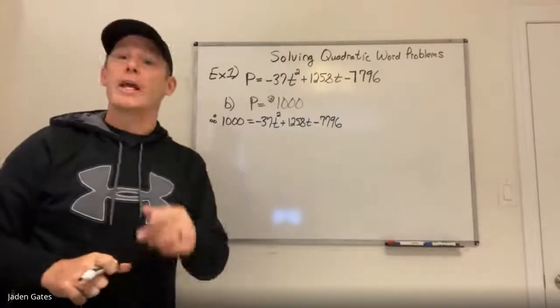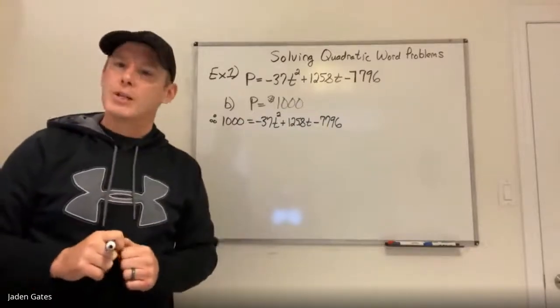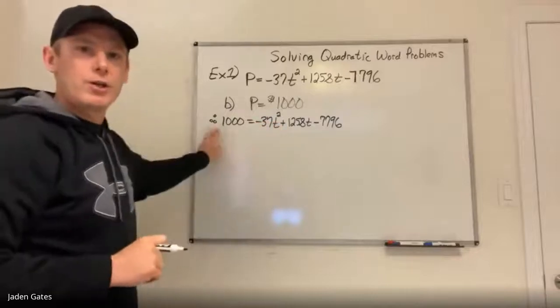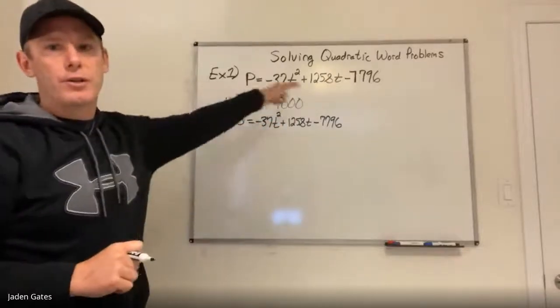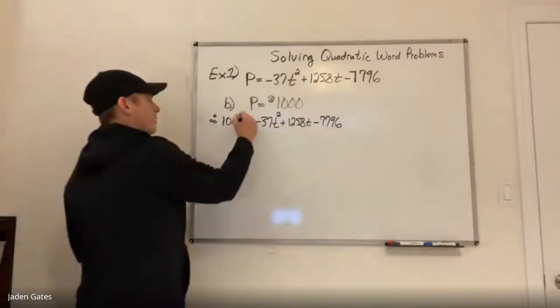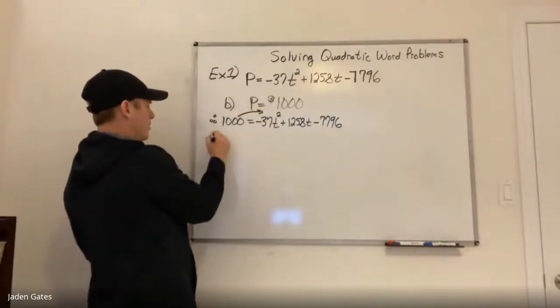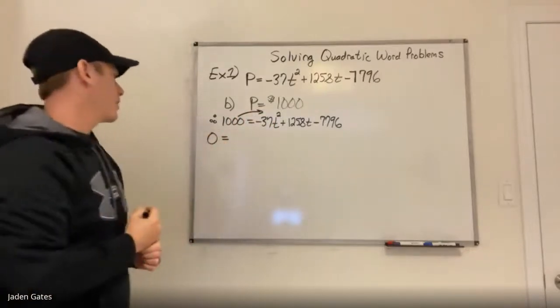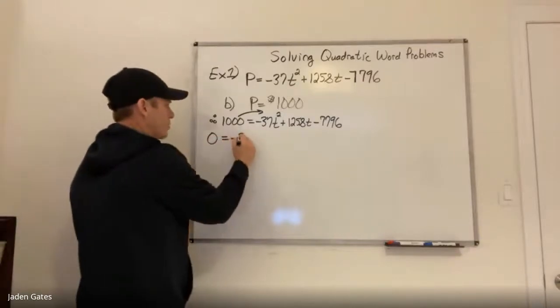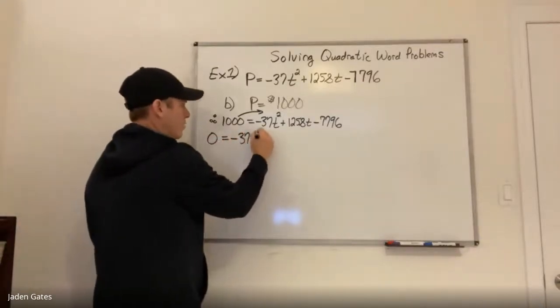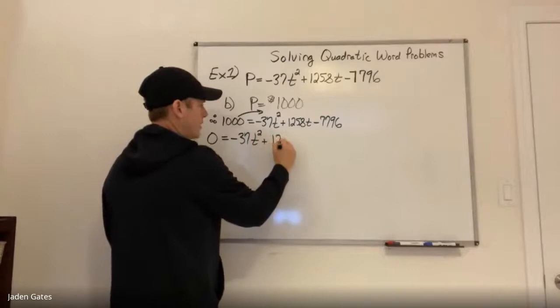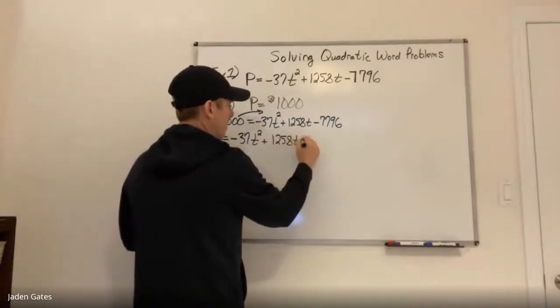I want to solve it, and it's in standard form, which means I got to have a 0 on one side of the equation. So I'm going to move that 1,000 over to the other side. All right, so there's my 0 on the one side of my equation. I've got minus 37 T squared plus 1,258 T, so I'm just rewriting that.